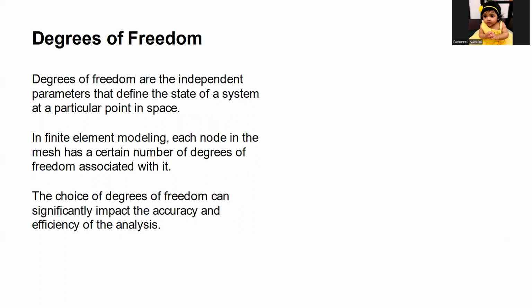Degrees of freedom. Degrees of freedom are the independent parameters that define the state of a system at a particular point in space.